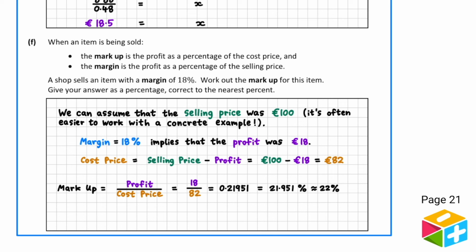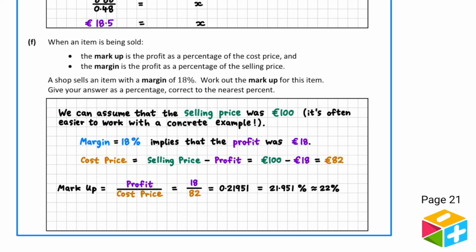Things are quite abstract here, and it'll be beneficial to ground things with a concrete example. 100 is a nice round number which is easy to work with. So let's make the assumption that the selling price was 100 euro.